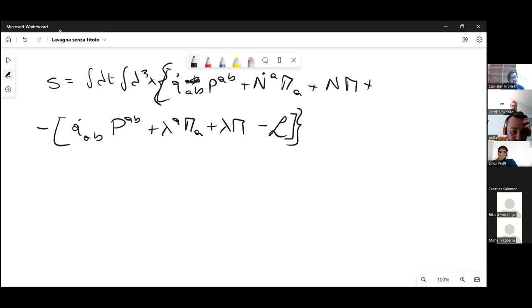So we can just solve some of them, for example Q prime AB and P AB, but we cannot solve the pi A with lambda prime A and also pi with N. So that's why we want to only use some formula to rewrite this in another way. And I give you the formula.